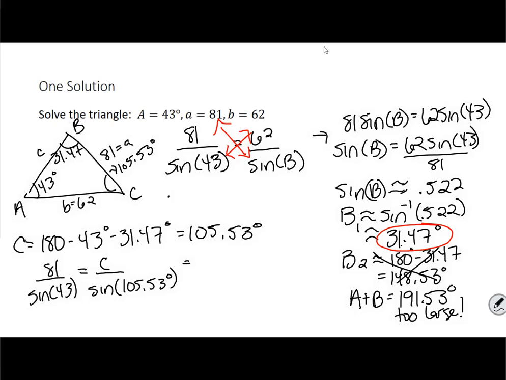Okay, and we have done this before in the previous examples, where now this is a multiplication problem where I can just multiply both sides by sine of 105.53. All right, so side c is sine of 105.53 times 81 over sine of 43. Okay, so once again, I can use my handy calculator.